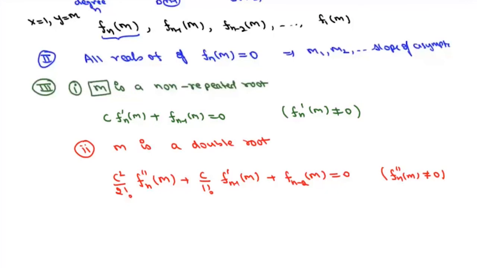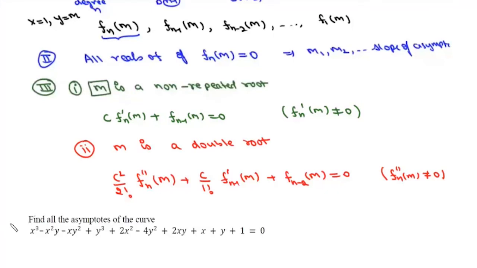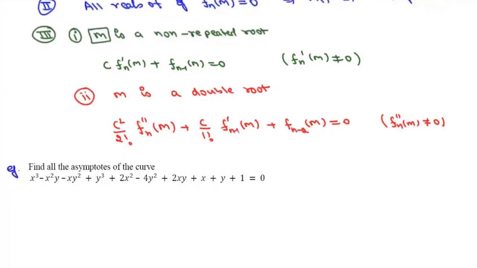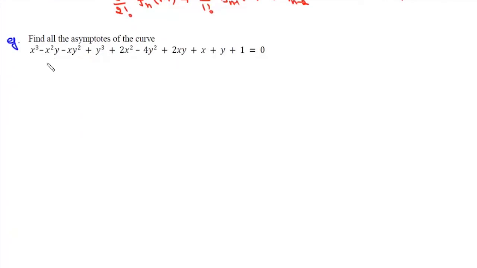Now let us take up an example. Suppose the question is, find all the asymptotes of the curve x cube minus x square y minus xy square plus y cube plus 2x square minus 4y square plus 2xy plus x plus y plus 1 equals 0. Now we look at the first 4 terms.